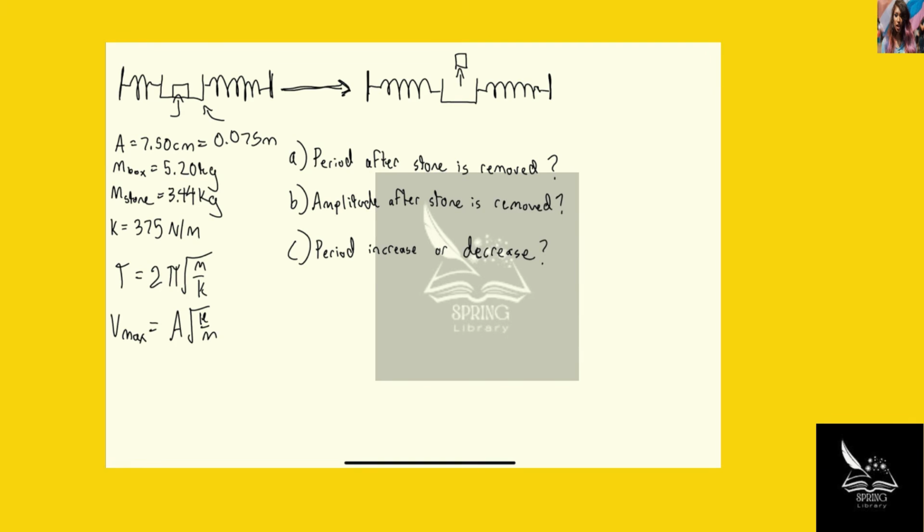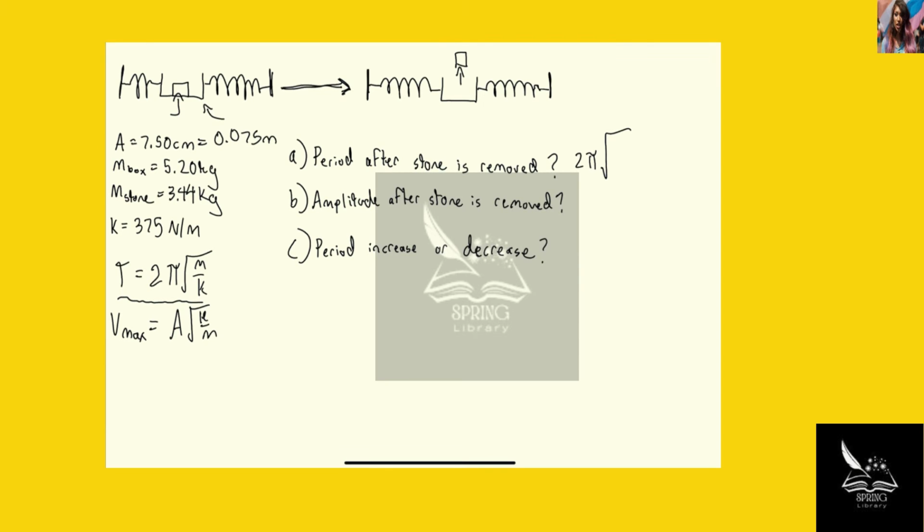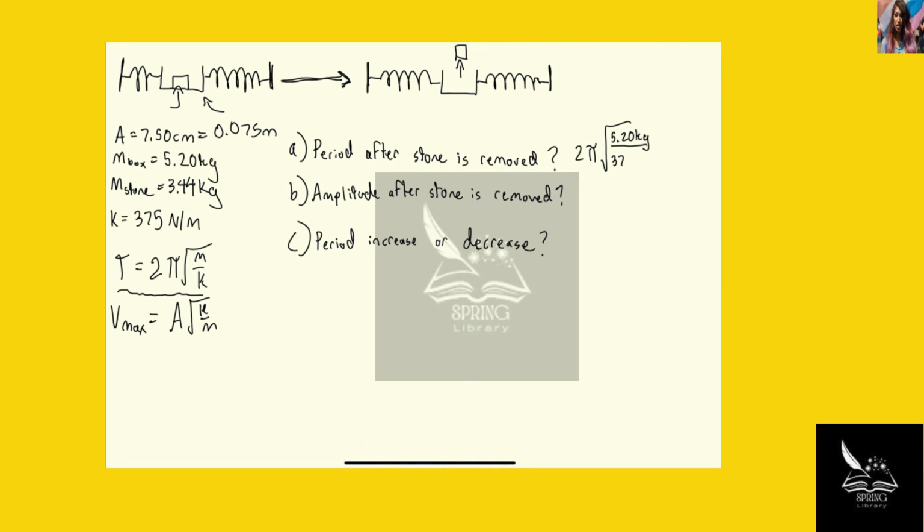And so first, the question is asking us, what is the period after the stone is removed? This is a pretty simple calculation because we know that the period is just 2 pi times the square root of the mass of the system over the spring constant. Using that equation, the period is equal to 2 pi times the square root of the mass, which in this case, since the stone is being removed, is just the mass of the box, 5.20 kilograms, divided by the spring constant, which is 375 newtons per meter.